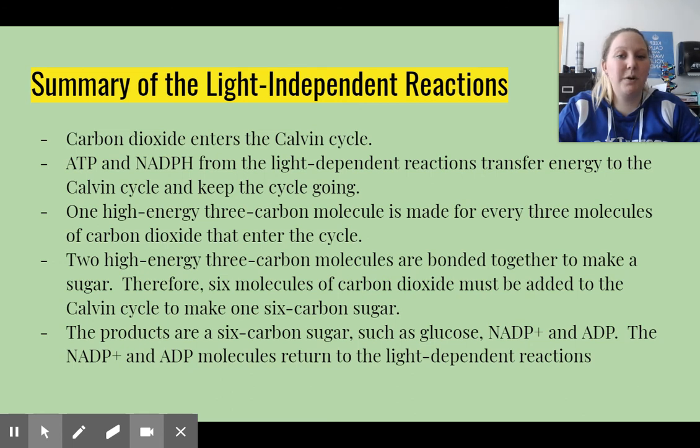Therefore, it takes 6 molecules of carbon dioxide to be added to the Calvin cycle to make 1 sugar. The products are a 6-carbon sugar, NADP plus, and ADP, which are cycled back to the light-dependent reactions to keep this whole series going.